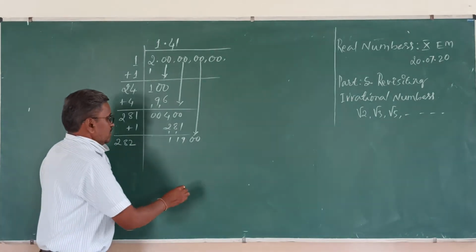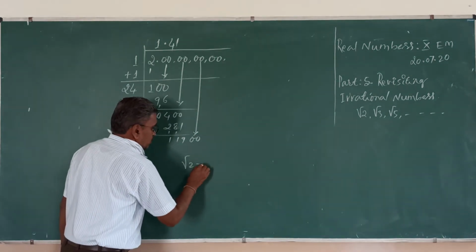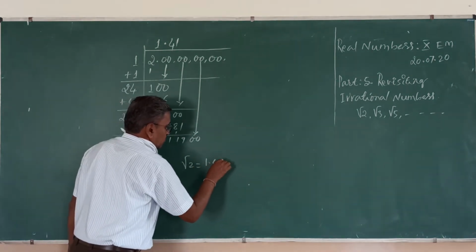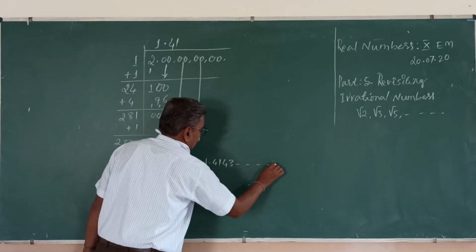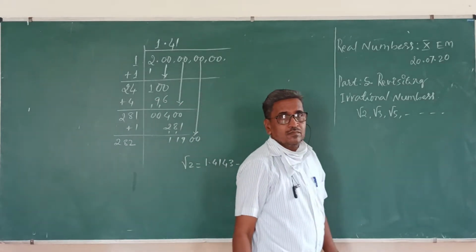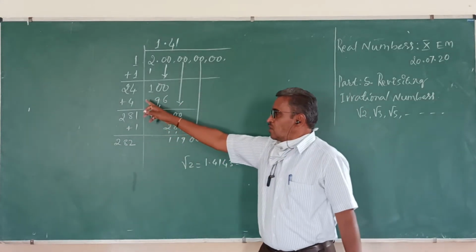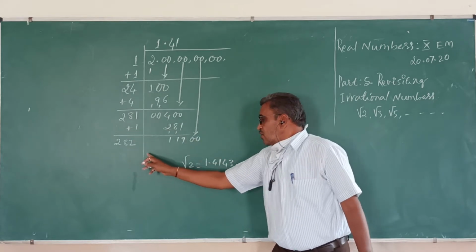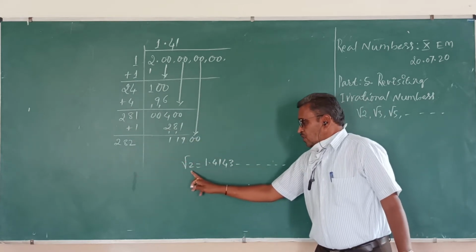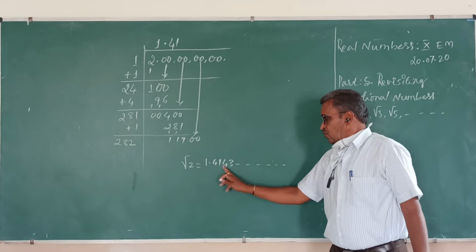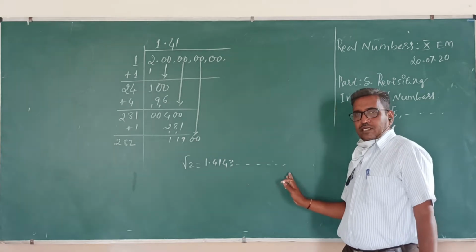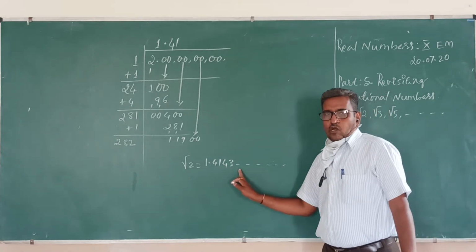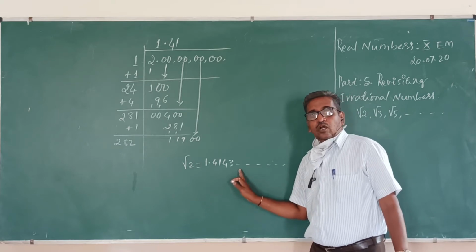It means that the square root of 2 is equal to 1.4143 and so on. Taking the steps this way, the square root of 2 is 1.4143, whatever it is, which cannot stop.